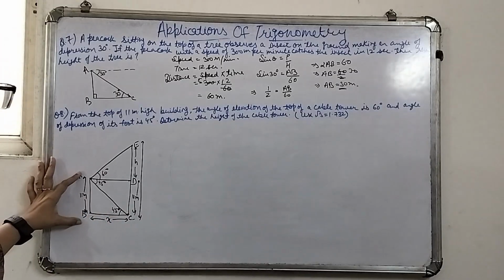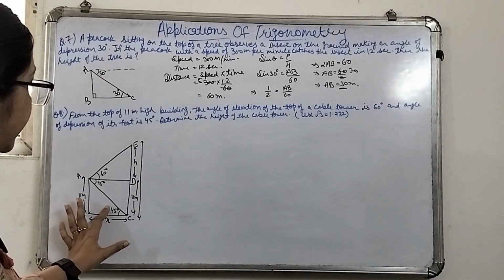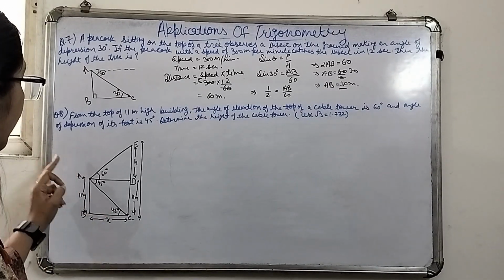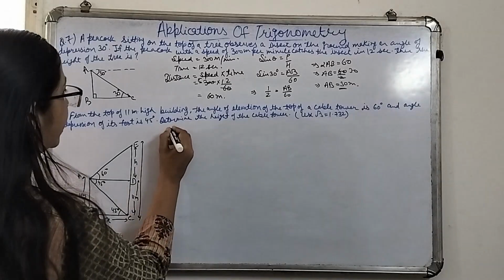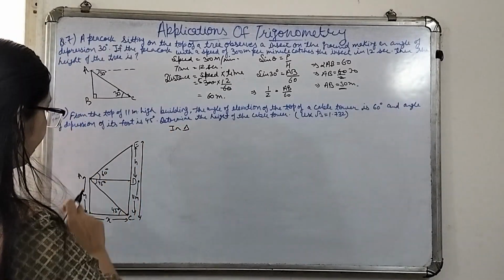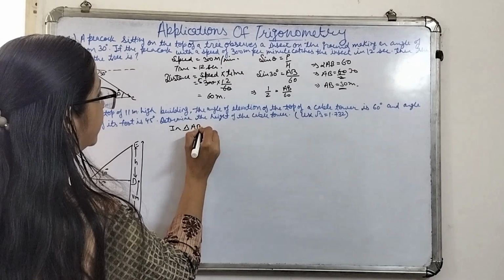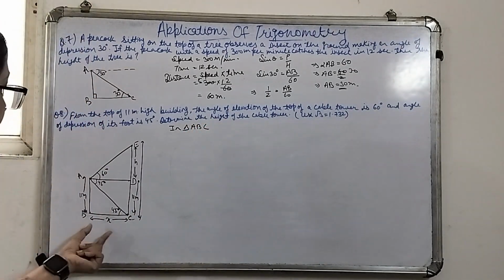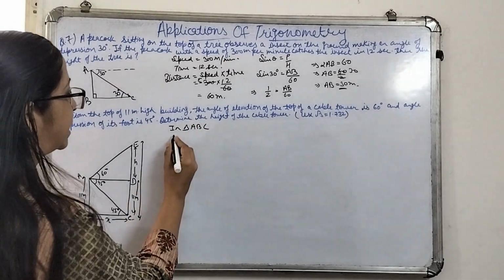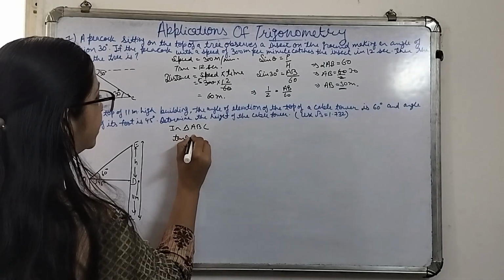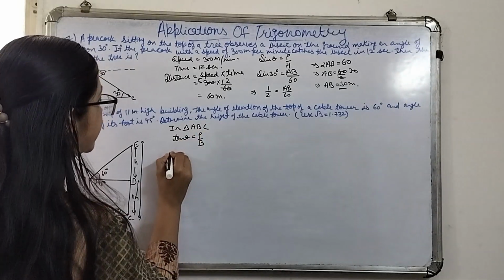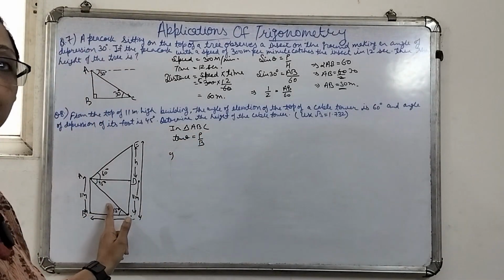Now what we can find is, from the triangle ABC, we have the perpendicular for this angle theta. So in triangle ABC, this is the perpendicular and this is the base. That simply means we'll be considering tan theta. Tan theta is perpendicular over base. Theta over here is 45 degree.